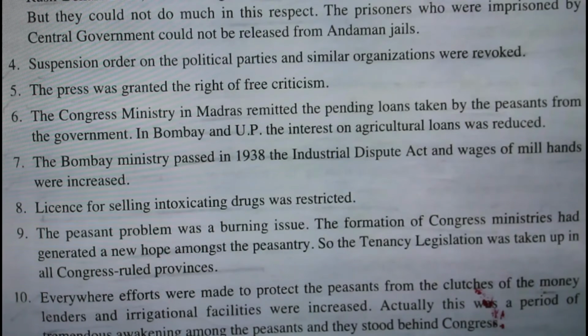Actually, this was a period of tremendous awakening among the peasants, and they stood behind Congress. The Congress had always promised workers better working conditions. Therefore, in 1935, they appointed a labor committee and it presented a program.